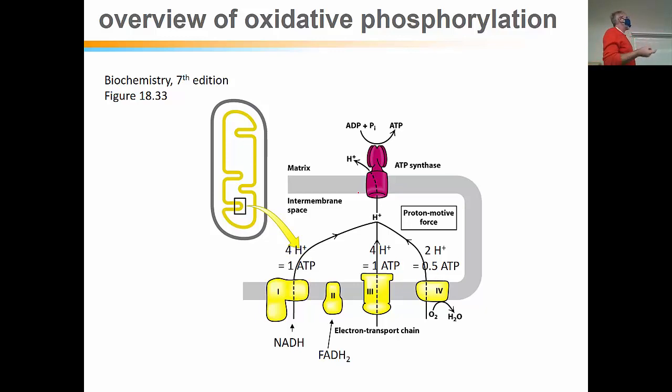And for every FADH2, which moves 6, we get 1.5 ATP. Okay. And so this is why most of our energy actually comes from the mitochondria, because that's where oxidative phosphorylation is occurring.